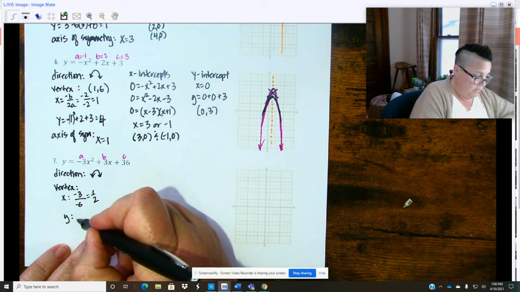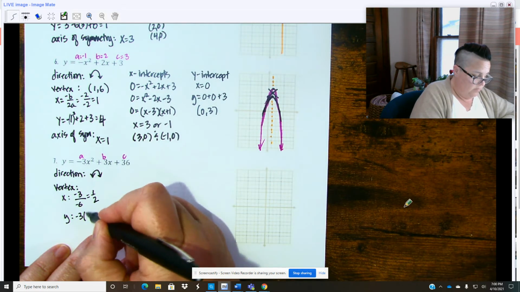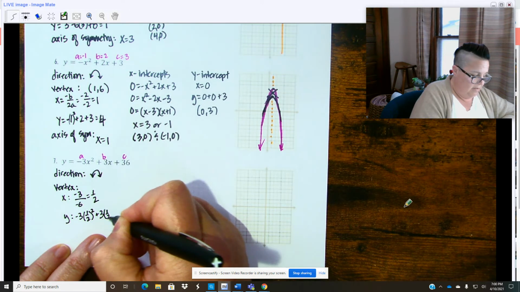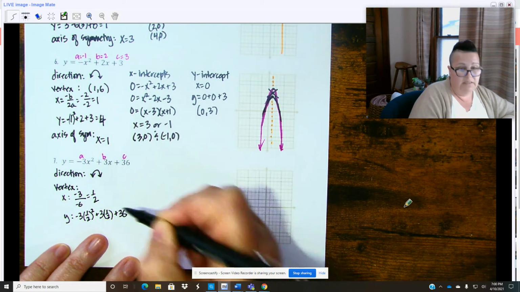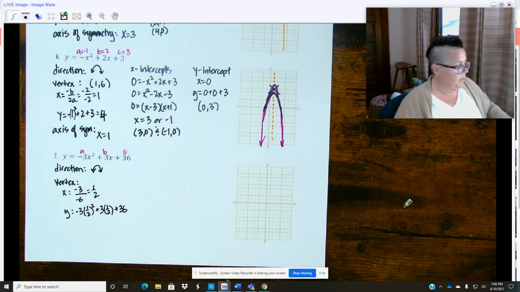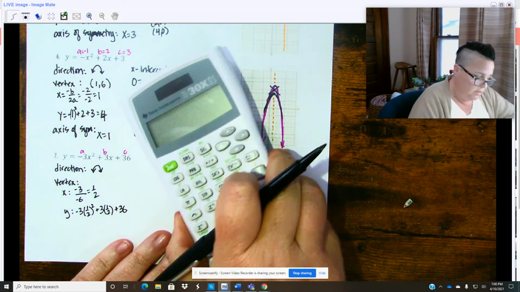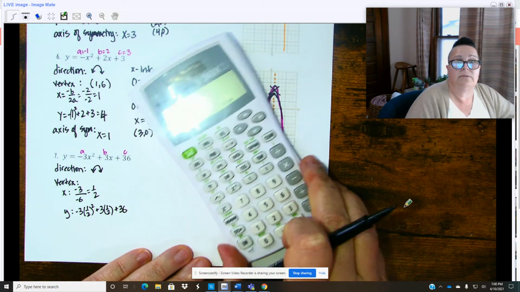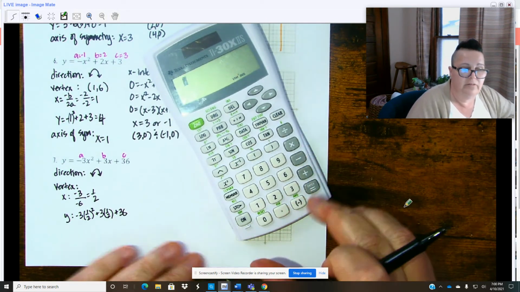The y value is going to be negative 3 times 1/2 squared plus 3 times 1/2 plus 36. This is not going to be a fun number. Calculator. All right. I know they're not fun numbers, but I love a challenge.